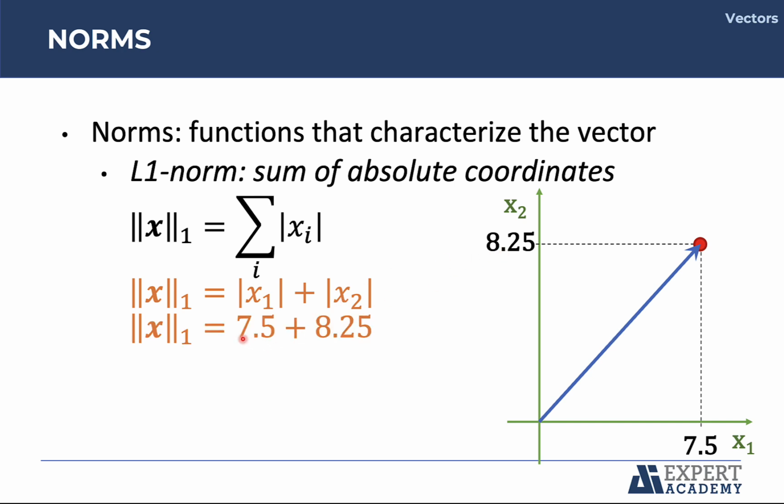It means 7.5 plus 8.25. And the result of L1 norm is 15.75. Notice in the graph that L1 norm can be understood as the distance along the axis, x1 and x2 in this case. This is also called Manhattan distance.